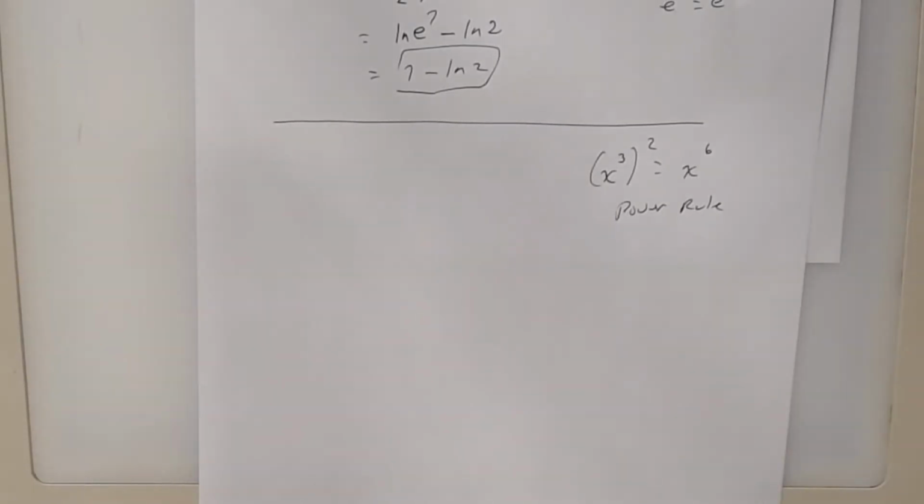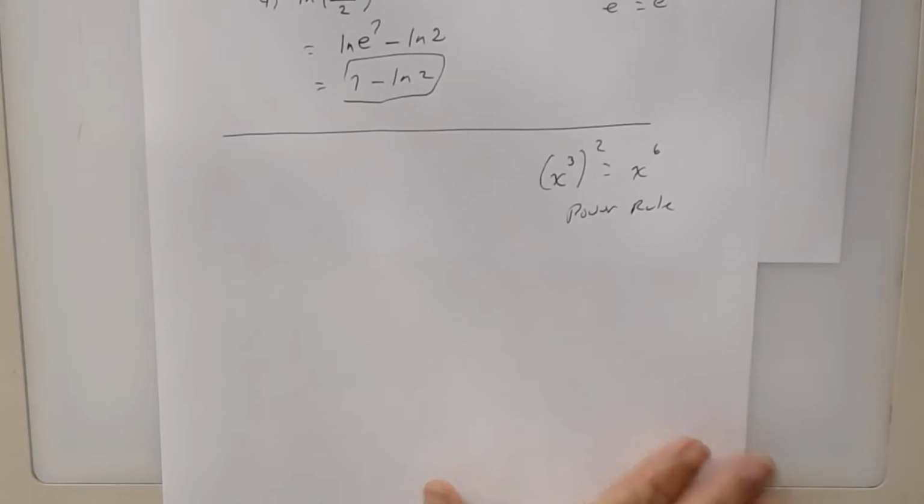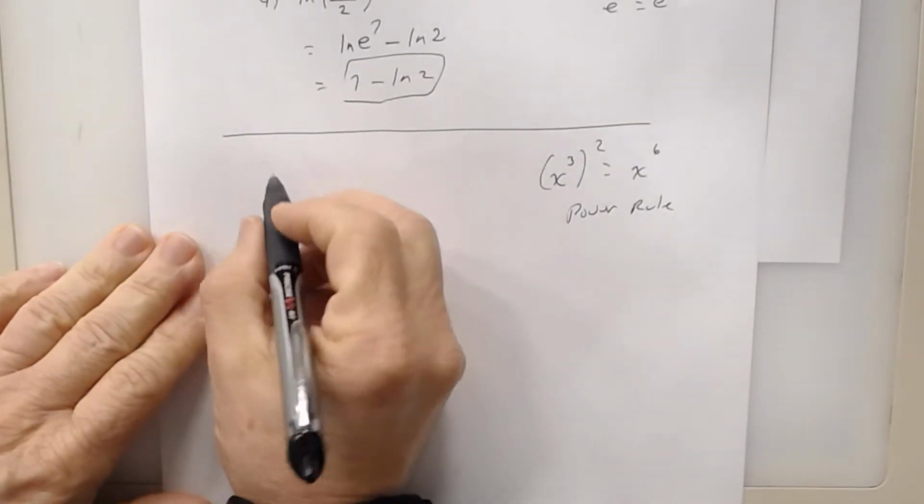The power rule for exponents basically said that when you have a power raised to a power, you just multiply the exponents. So let's see what it looks like in terms of logarithms. So it looks like this for the power rule.